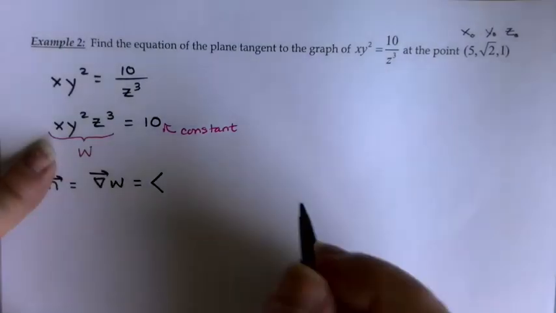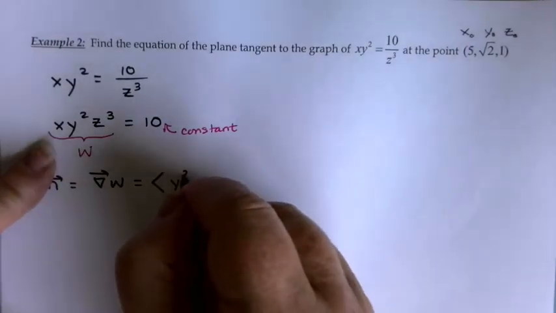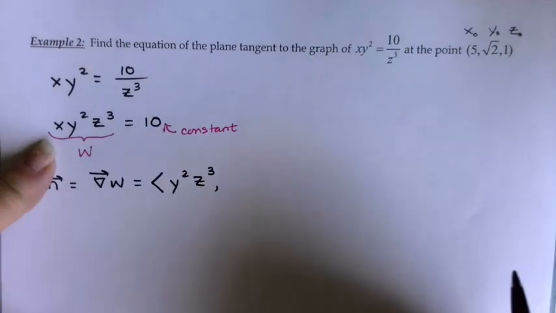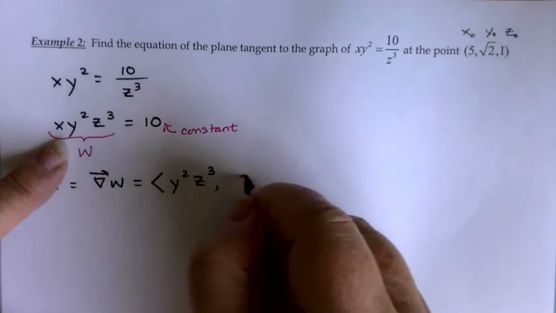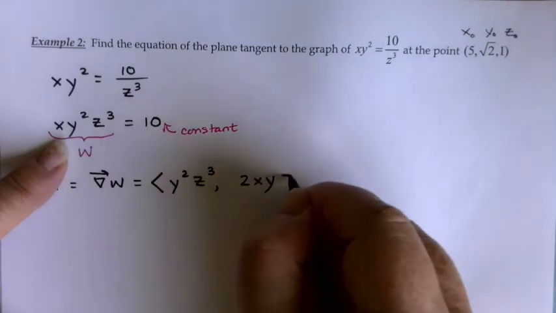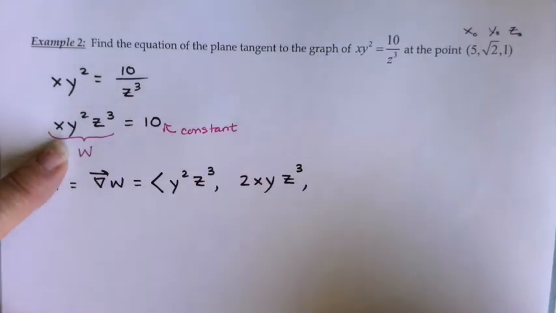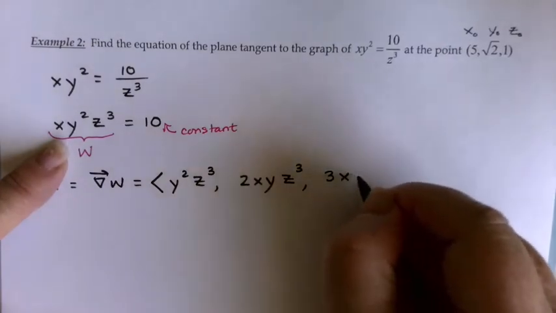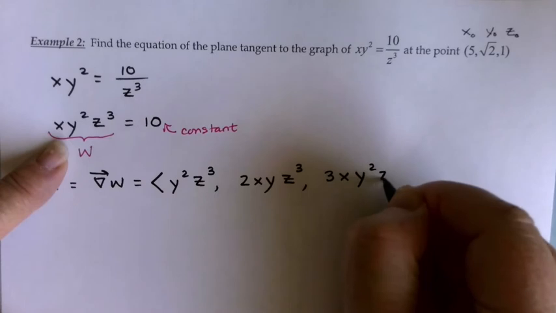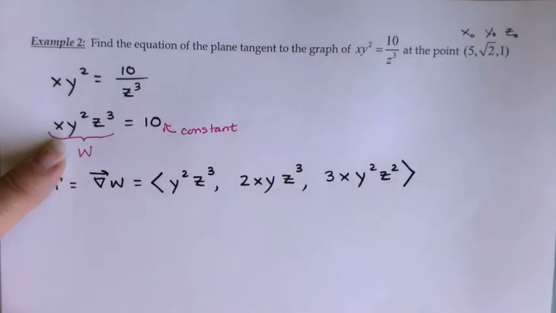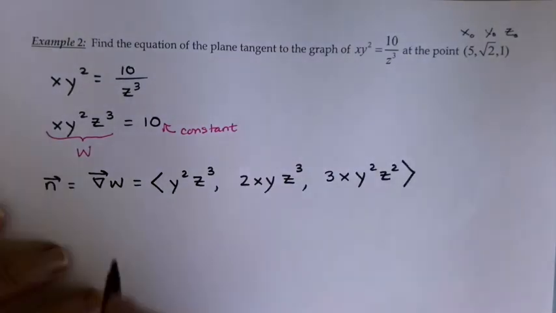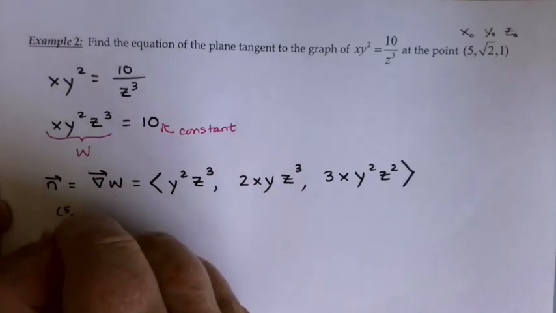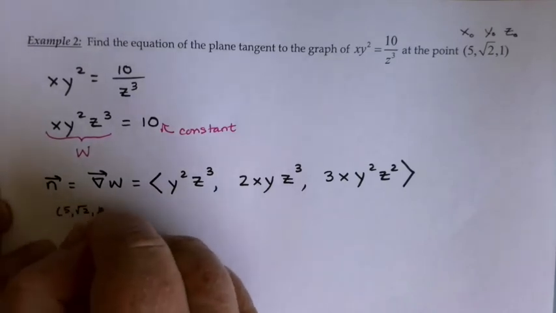which in this case with respect to x, I'd get y squared z cubed, taking the derivative with respect to y, 2xy z cubed, and finally with respect to z, 3x y squared z squared. I'm going to go ahead and plug in my point, which was (5, square root 2, 1).